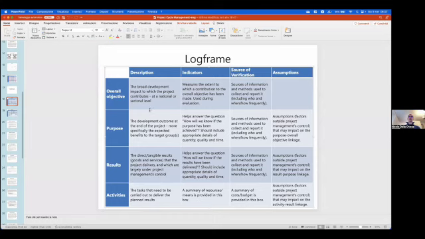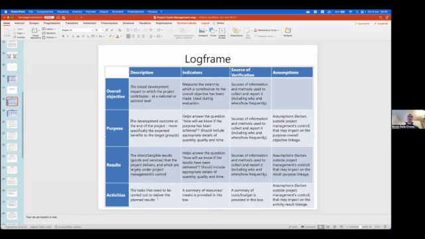And as we saw, if we arrive at the project purpose, this will contribute to a broader impact, which we call overall objective. So this is the logic of the project.